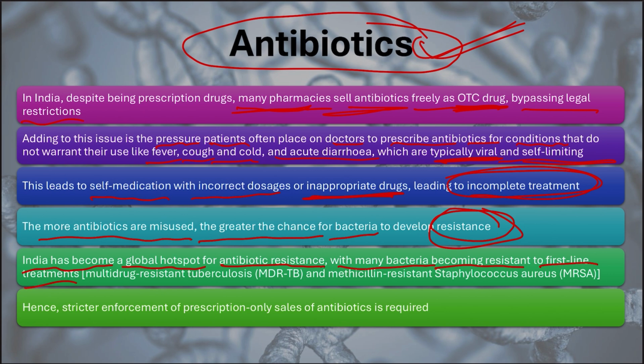We have multi-drug resistant tuberculosis, and also methicillin resistant Staphylococcus aureus infections. This is because of the irrational use of antibiotics. So stricter enforcement of prescription-only sales of antibiotics is to be done. This will decrease self-medication, at least for antibiotics, and will also decrease the chances of development of antimicrobial resistance.